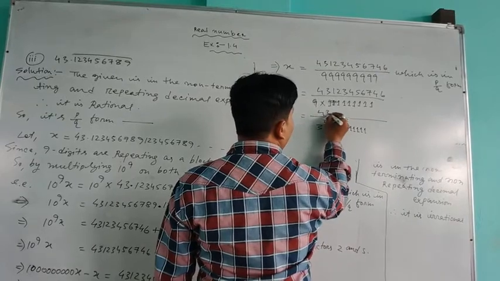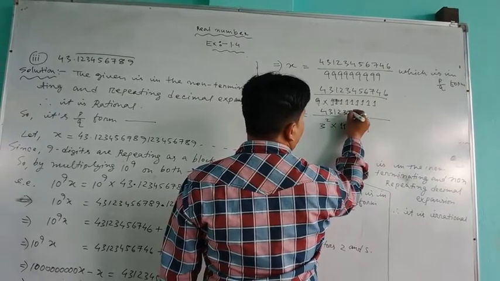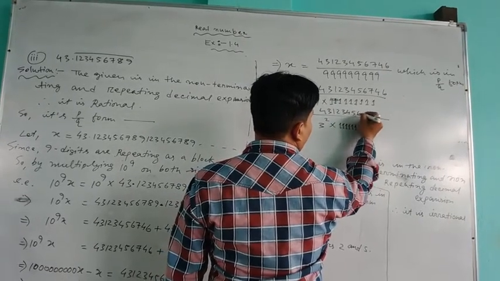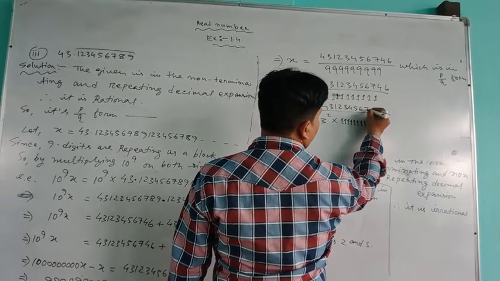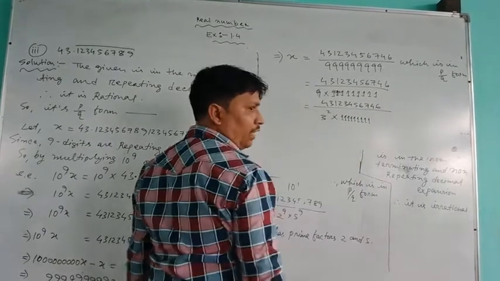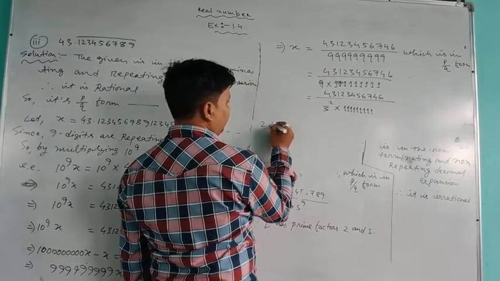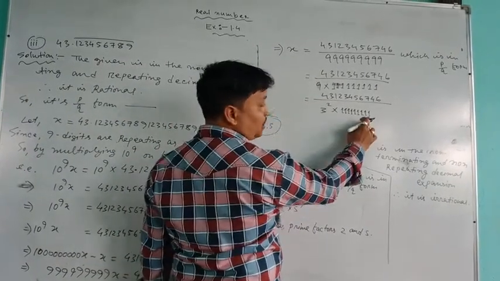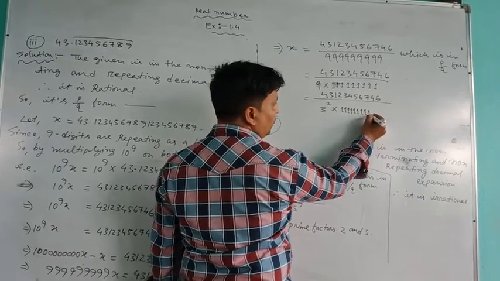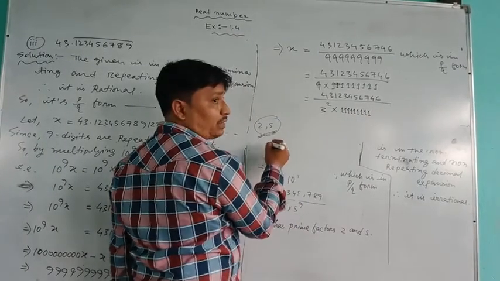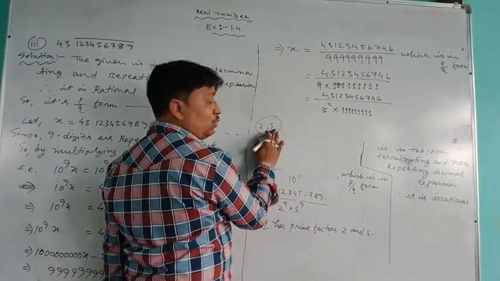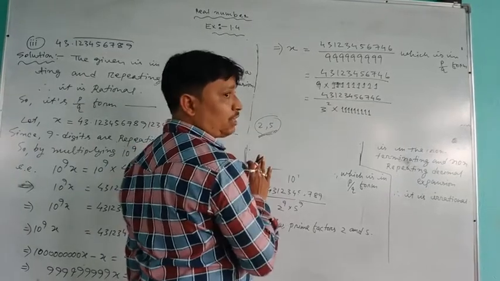So one thing is clear: the prime factors are 3 and other prime factors except 2 and 5, because the last digit is not 0. If the last digit is 0, then there is a chance of getting prime factors 2 and 5. Other than 2 and 5, the remaining prime factors are possible.